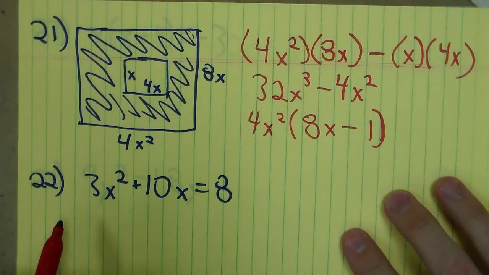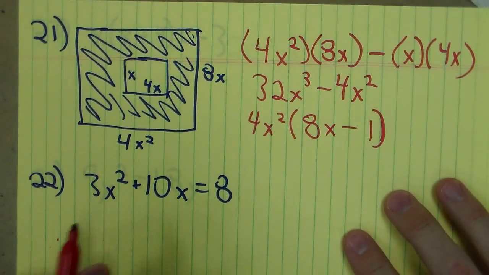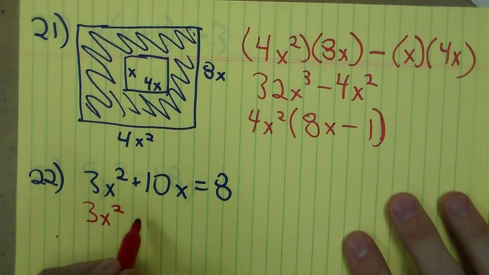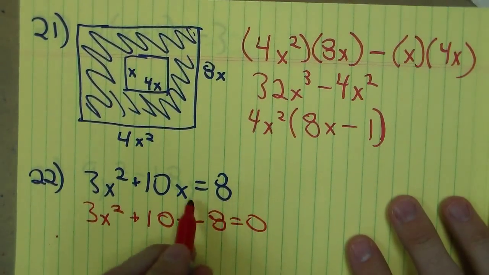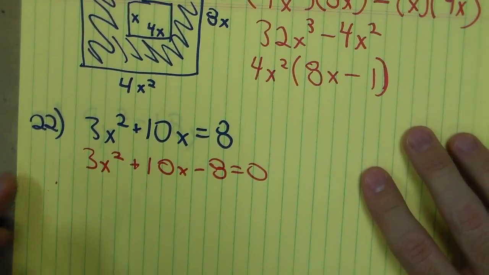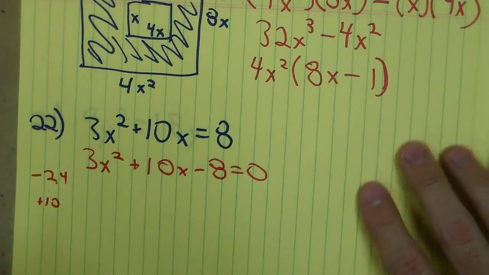For 22, we need to solve for the value of the variables. We're going to treat it as factoring with everything to one side, and then we're going to take each of those factors and set it equal to 0. So if I go 3x squared plus 10x minus 8 equals 0, by subtracting the 8 over, I'm first focused on factoring this. So this is going to be multiplied to negative 24 that adds to 10.